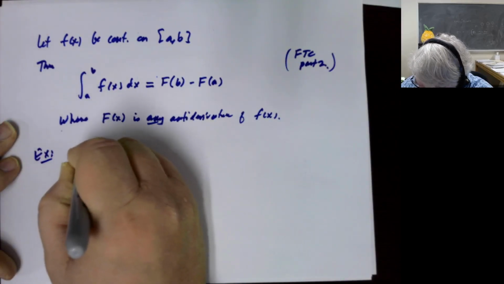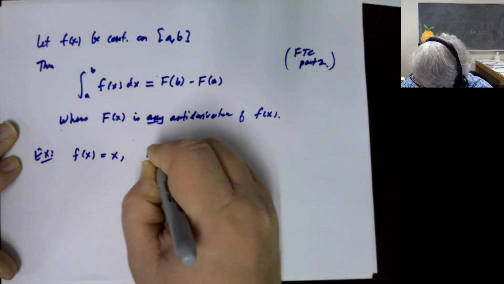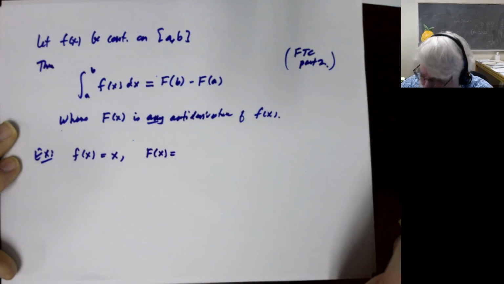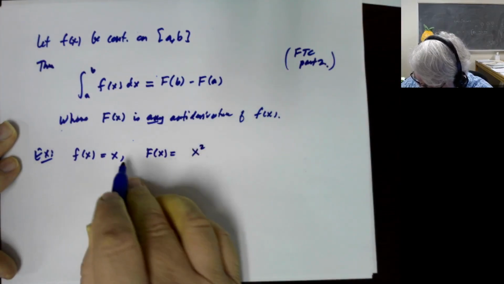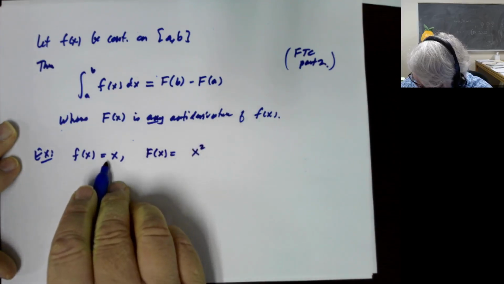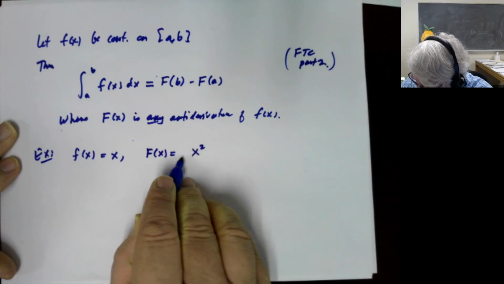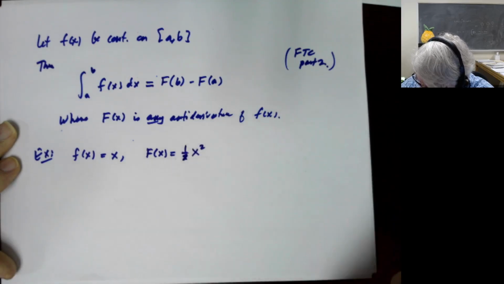if f of x equals x, then do we know how to compute an antiderivative for that? I think we did earlier. That would have to be an x squared, right? You'd have to add 1 to your exponent. And then in order for us to get a 1 here, I need to multiply 2 by something to get a 1. And so that something would be a 1/2.